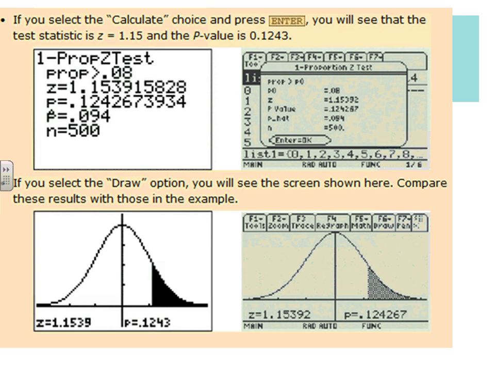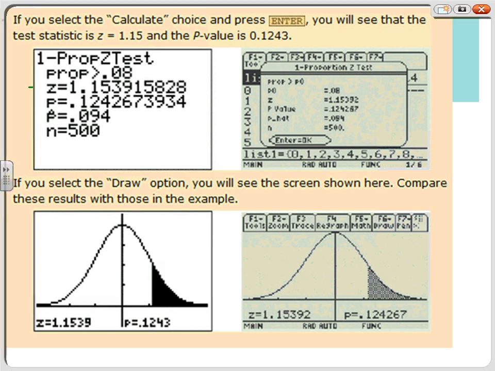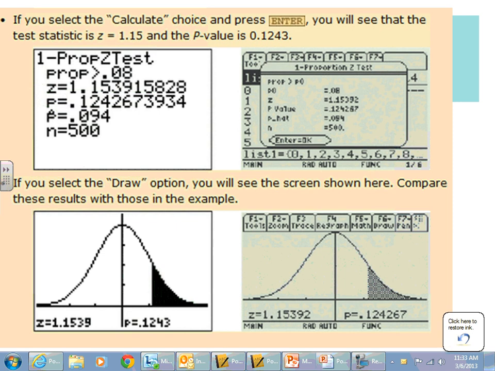So here I can see that would be the Z value, but here is the P that I'm looking for. Here it tells you what P hat is if you didn't already have that, but you could calculate that pretty easily. And here you can see when you hit draw, that's the area you're looking for. Make sure it matches up with what you have, or you probably put something in wrong.